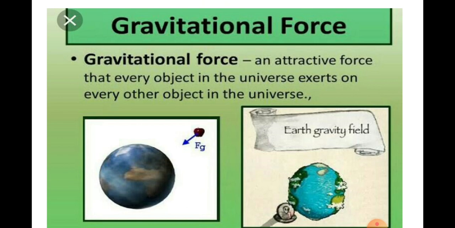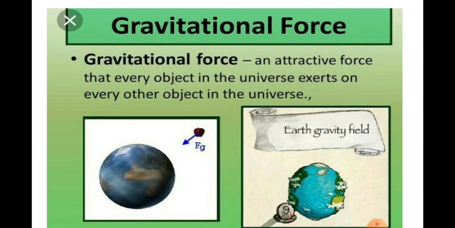So there is a difference between the gravitational force and gravity. Don't be confused. I'm again repeating that the pull exerted by an object possessing mass is gravitational force. It can be between the sun and the earth, between two planets, between two stars, between the moon and the earth.